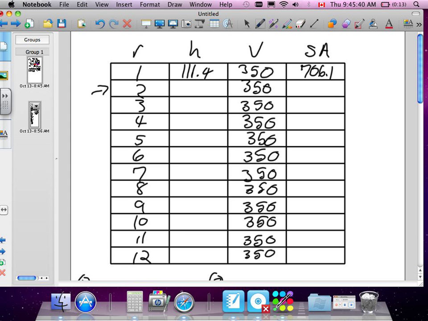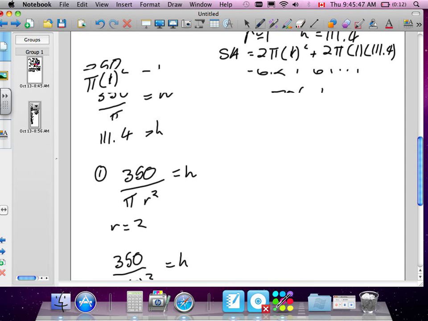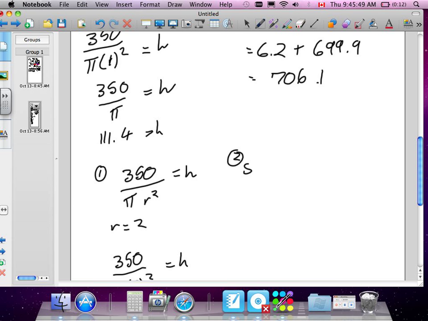We're going to try plugging that into the formula for our surface area. So remember our surface area formula, SA was equal to 2 pi r squared plus 2 pi r h. Our radius was 2. Our height was 28 we just found. So we're going to plug those values in.